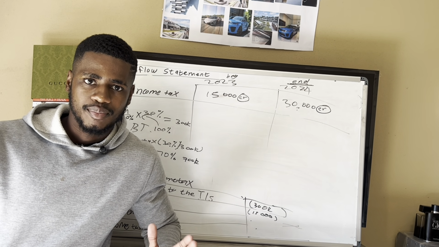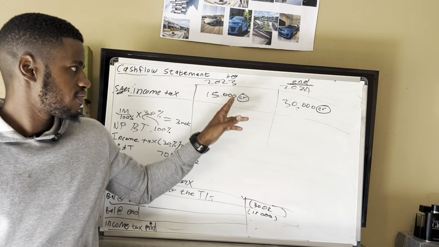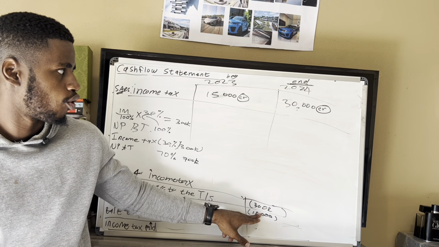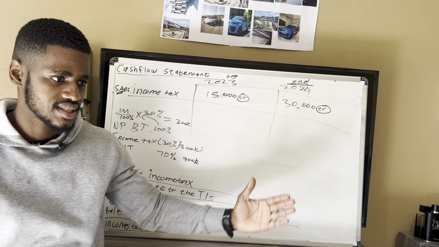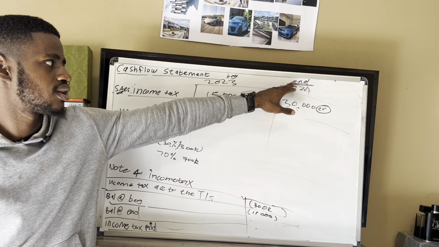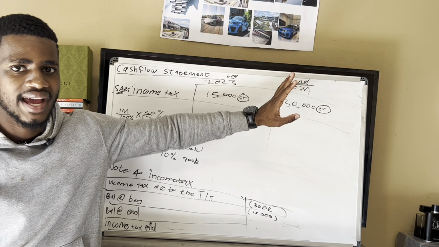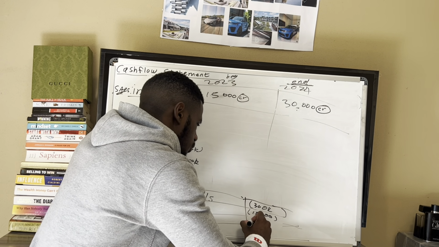If we are owing SARS at the beginning, we have to pay at the beginning or during the year. So if it's at the beginning, that is an outflow. But if it's at the end, it means that we were supposed to pay SARS during the year, but we haven't yet paid. Hence, the year has ended. So that cannot be an outflow. It's going to be an inflow.